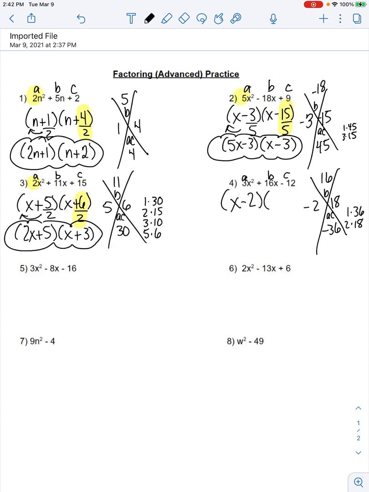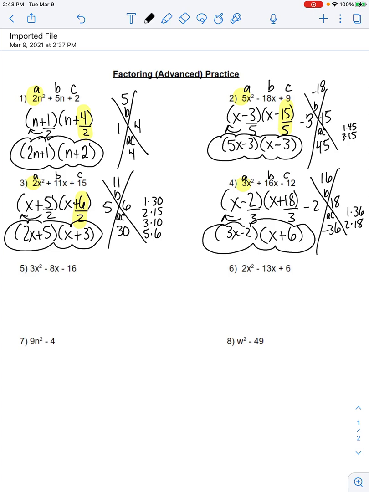X minus 2 times x plus 18. But remember, we have to divide by 3. So this becomes 3x minus 2 times 18 divided by 3 is 6. So times x plus 6. These are our factors for that polynomial.